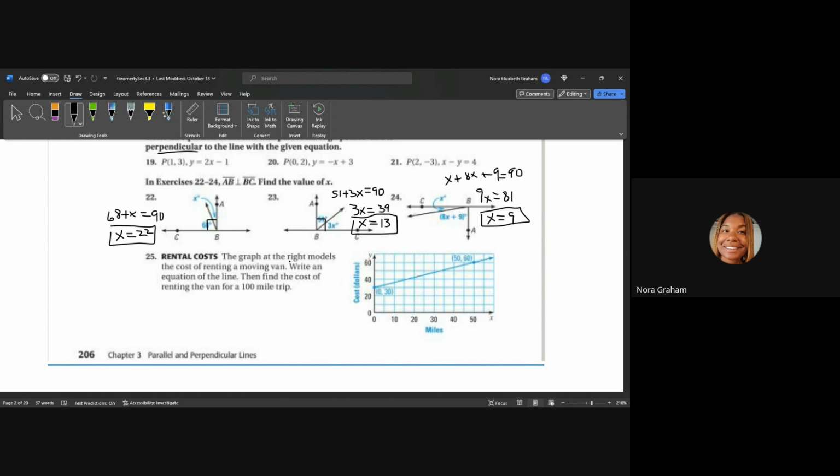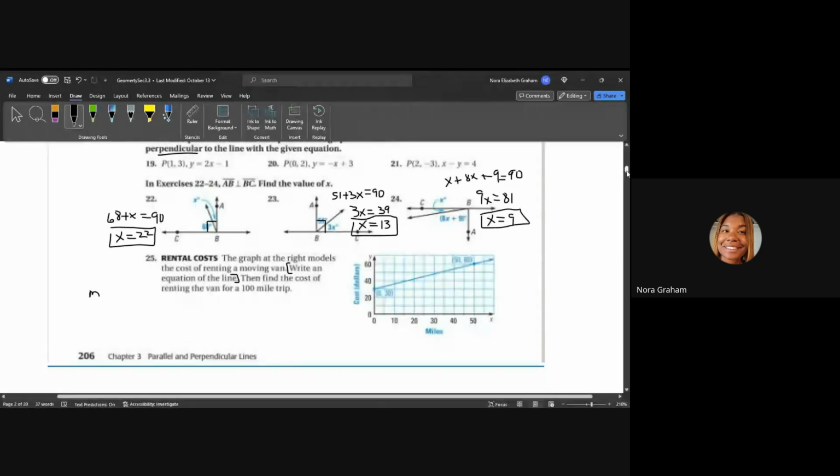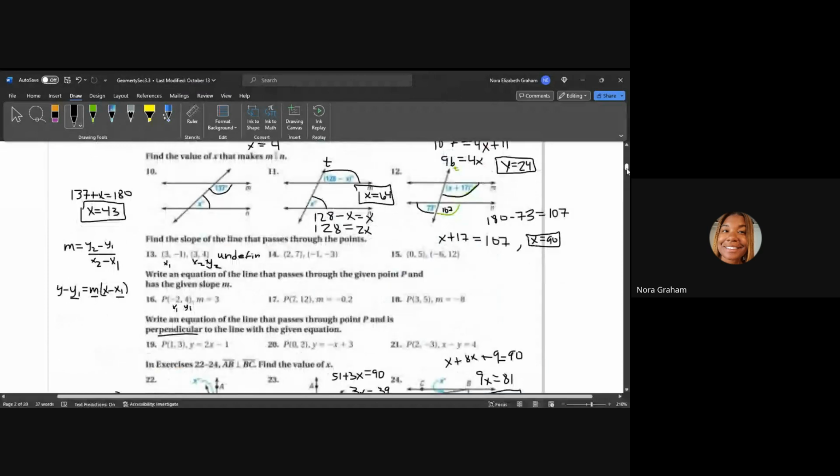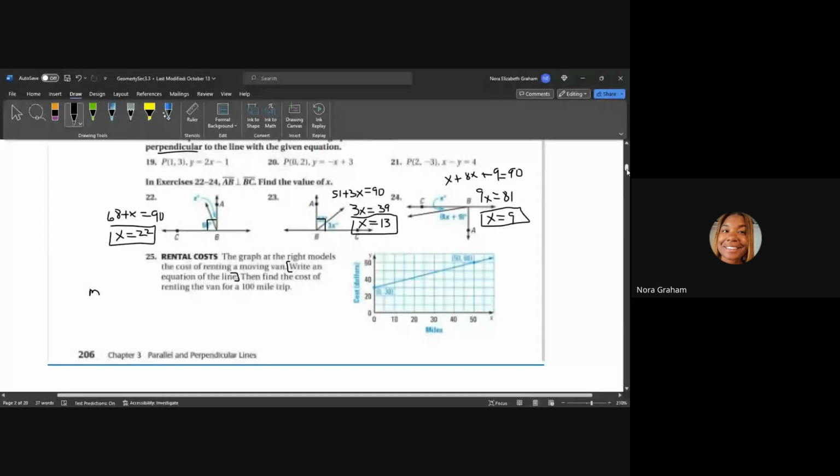Okay, so first they're asking us to write an equation. This is a line, so to write an equation of a line, we need to know its slope. I have the slope formula up here if you need to reference it again. Just go back in the video and reference it, but I'm not going to spend time writing out that formula again. The two points I'm going to be using are these two points. Again, if you're on a test or even doing your homework, make sure you annotate.